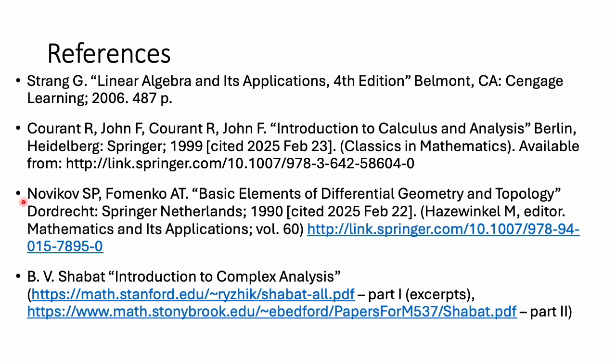So one is Novikov and Fomenko, Basic Elements of Differential Geometry and Topology, which studies the effects one can discover in the spaces that are curved, not only multidimensional, but also that are not Euclidean, with not straight angles in the coordinate grid.